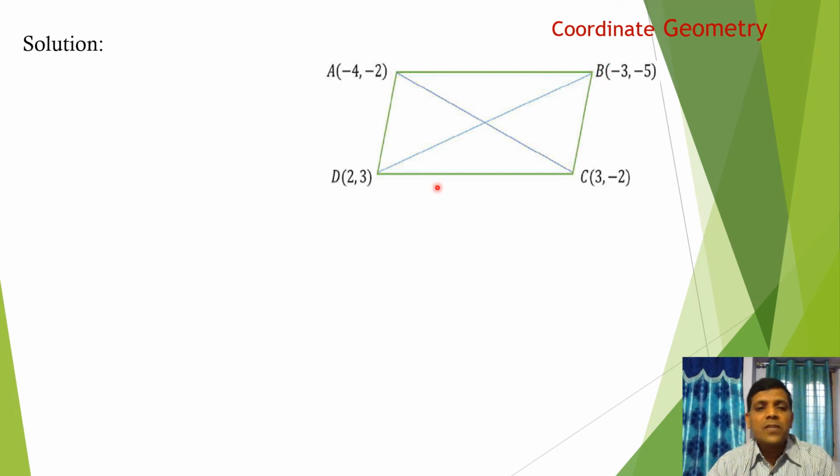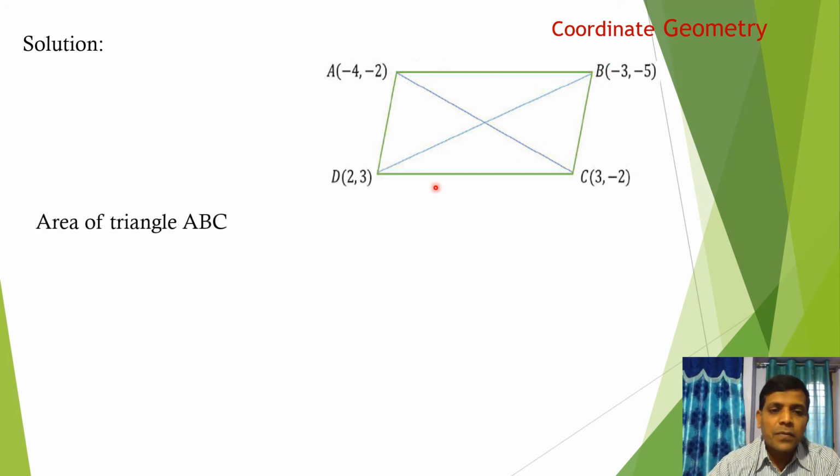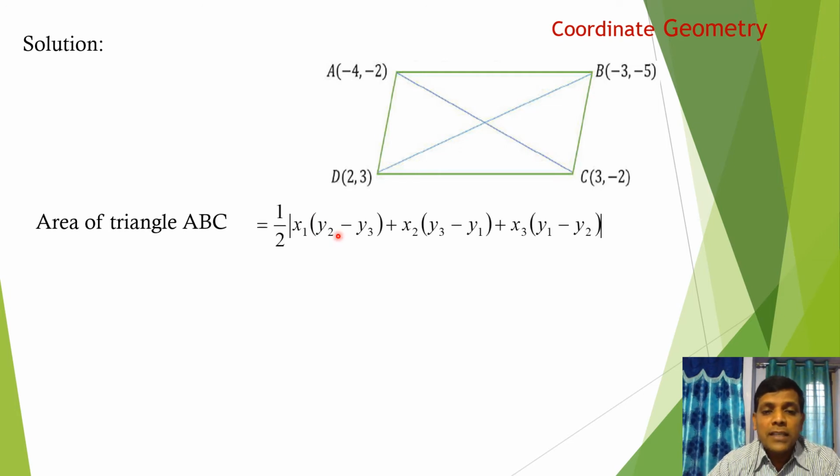Coming to the solution. Area of triangle ABC, with diagonal AC drawn. Do you know the formula for the area of a triangle? Half mod x1 into (y2 minus y3) plus x2 into (y3 minus y1) plus x3 into (y1 minus y2).